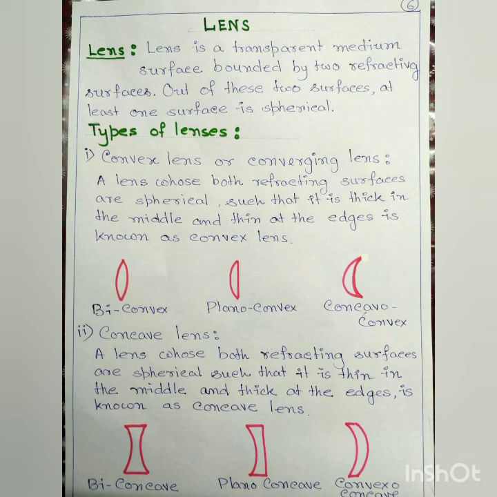What is a concave lens? A lens whose both refracting surfaces are spherical, such that it is thin in the middle and thick at the edges, is known as a concave lens. And different types of concave lenses are biconcave lens, plano-concave lens and convexo-concave lens.